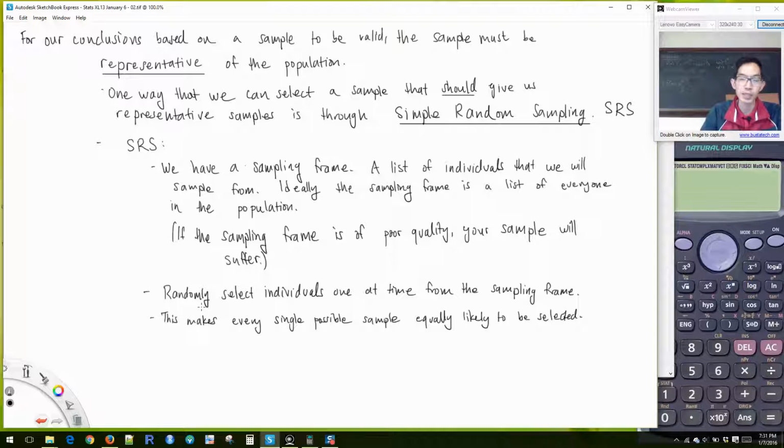There are all sorts of practical problems with trying to pull off a simple random sample. First off, getting a good sampling frame is difficult. Even if you have a perfect sampling frame, when you randomly select individuals one at a time, you might not be able to get a hold of those individuals.